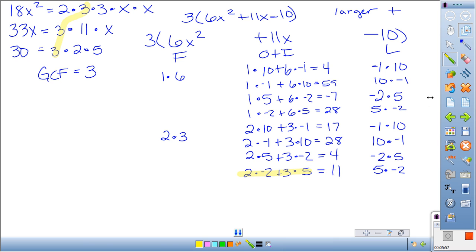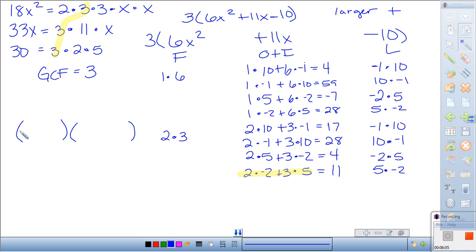So here are the factors we're going to use. My binomials are: 2 is outside and also first, so 2x. Then negative 2 is outside and also last. 3 is inside and first, so 3x here. 5 is inside and also last, so here plus 5.